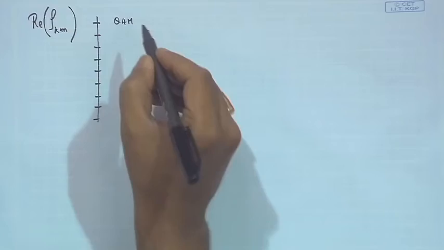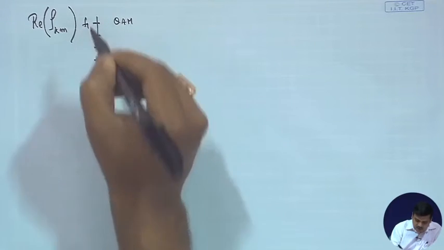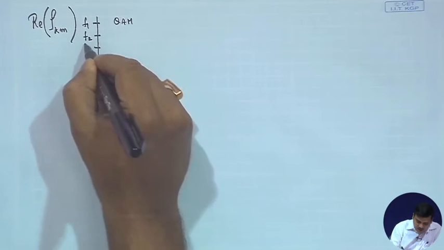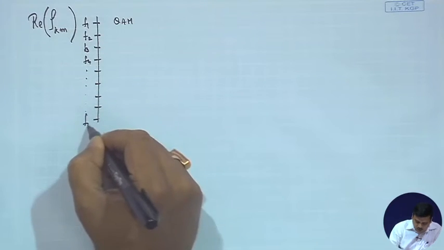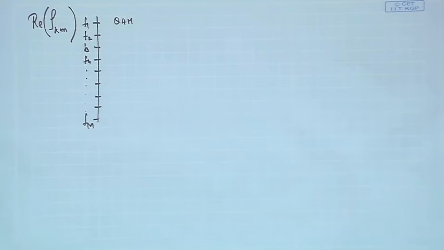Let this frequency be f1, this be f2, f3, f4 up to fm. If any one particular frequency chooses a QAM signal, then we are effectively sending more bits even after choosing a particular signal.